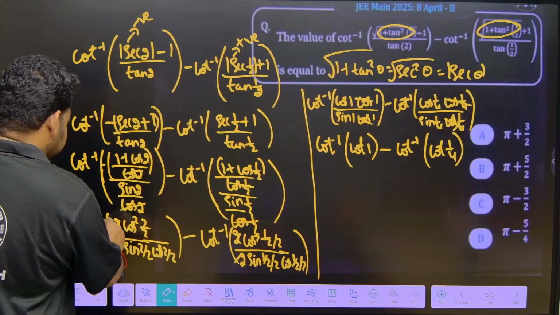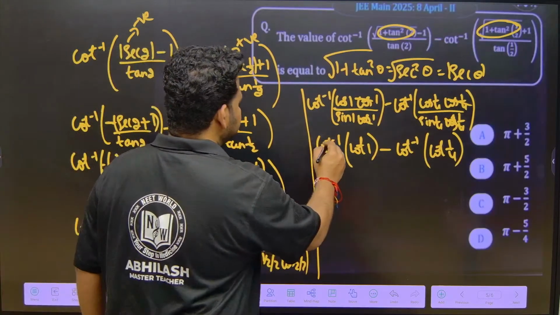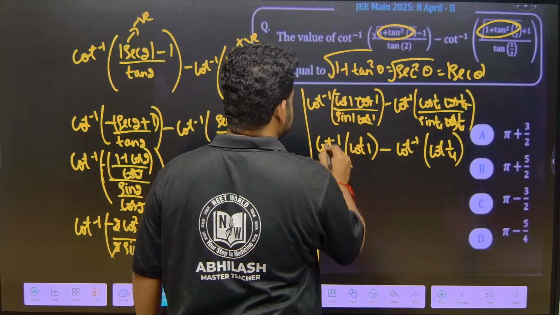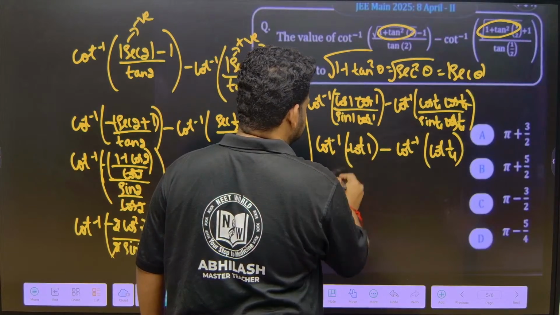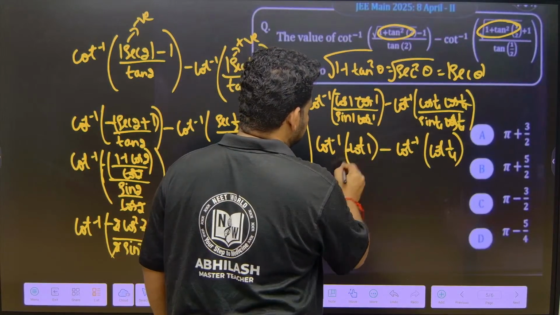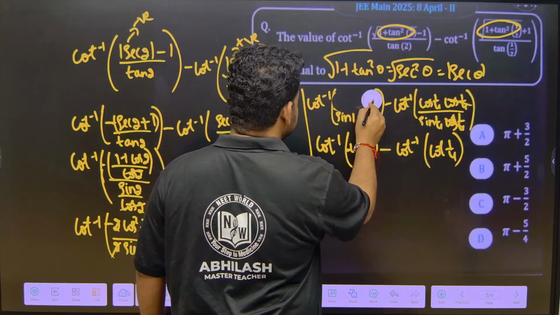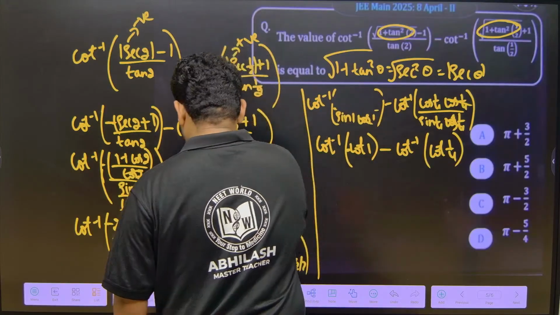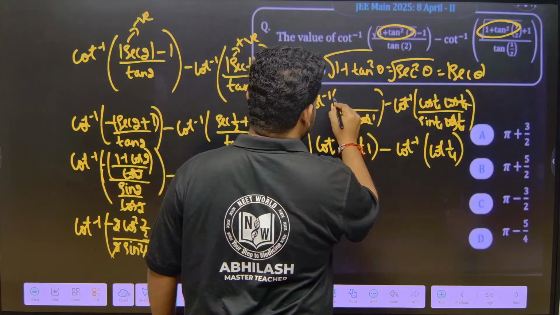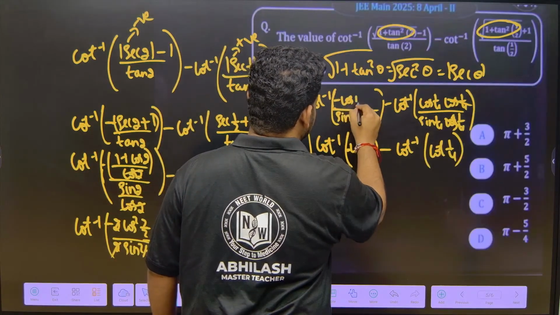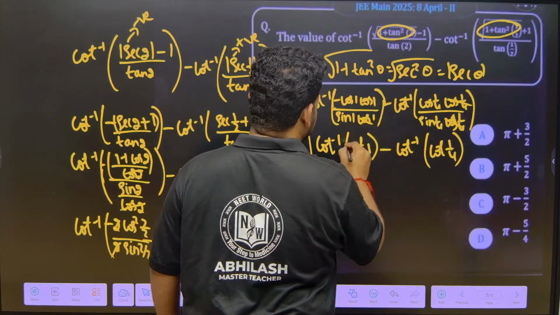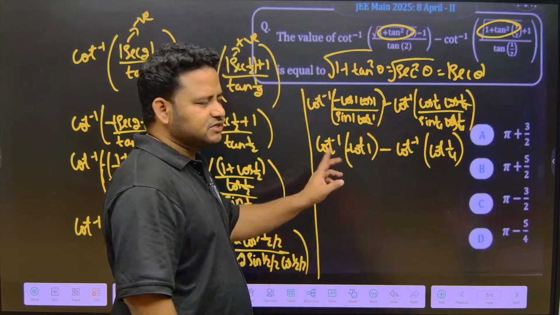So this will be minus here also. This will become minus cot. So minus cos 1 into minus cos 1 will become minus cot 1. So we have cot inverse of minus theta.